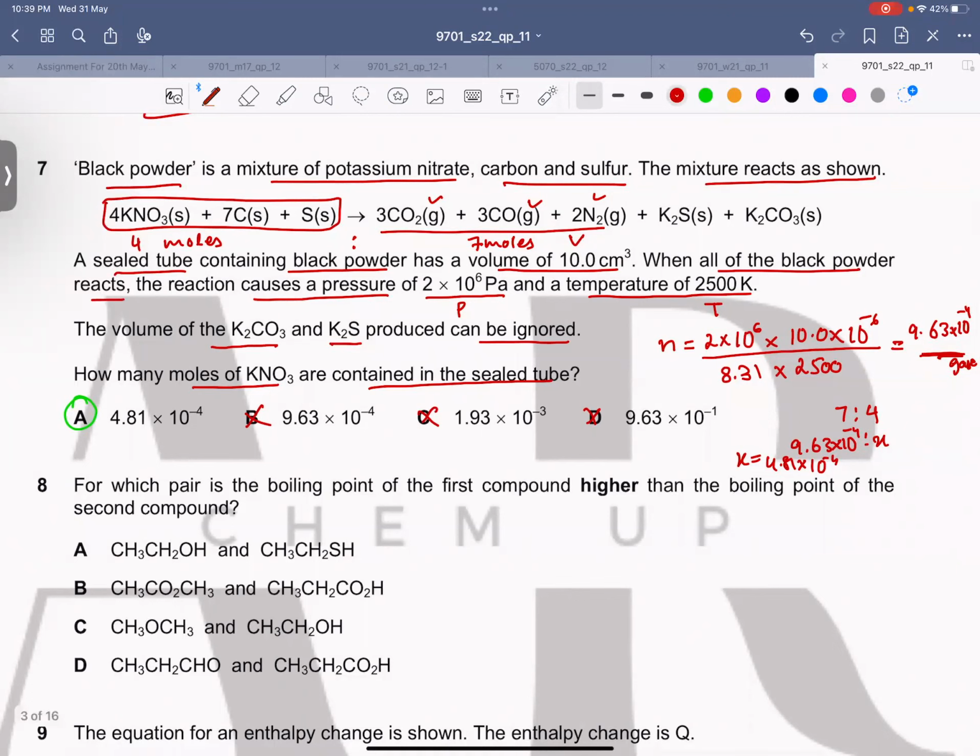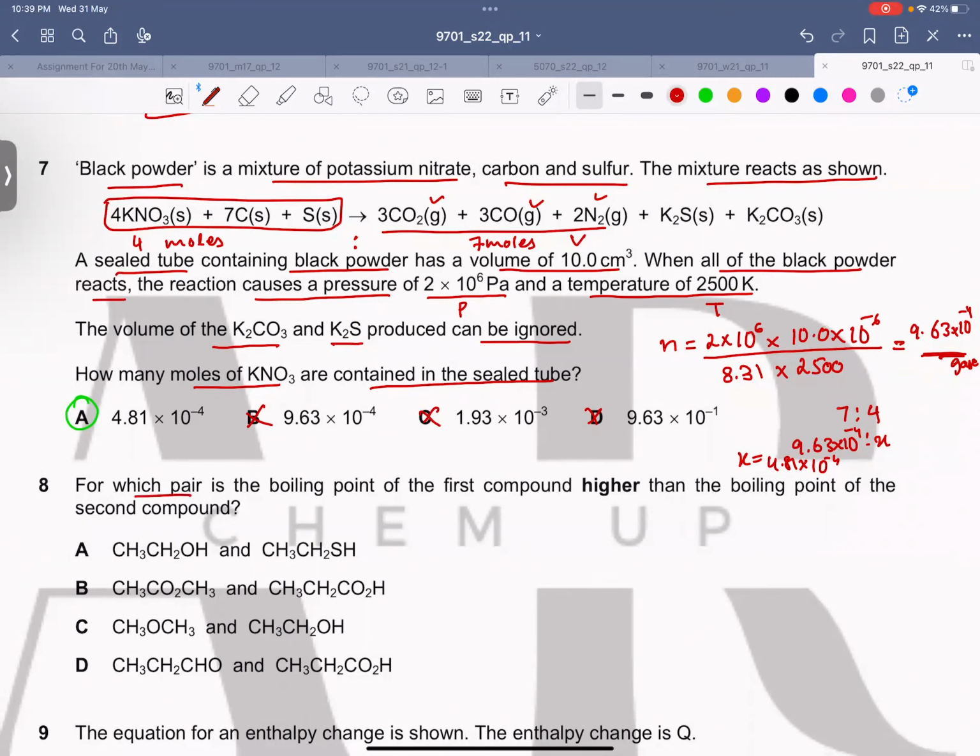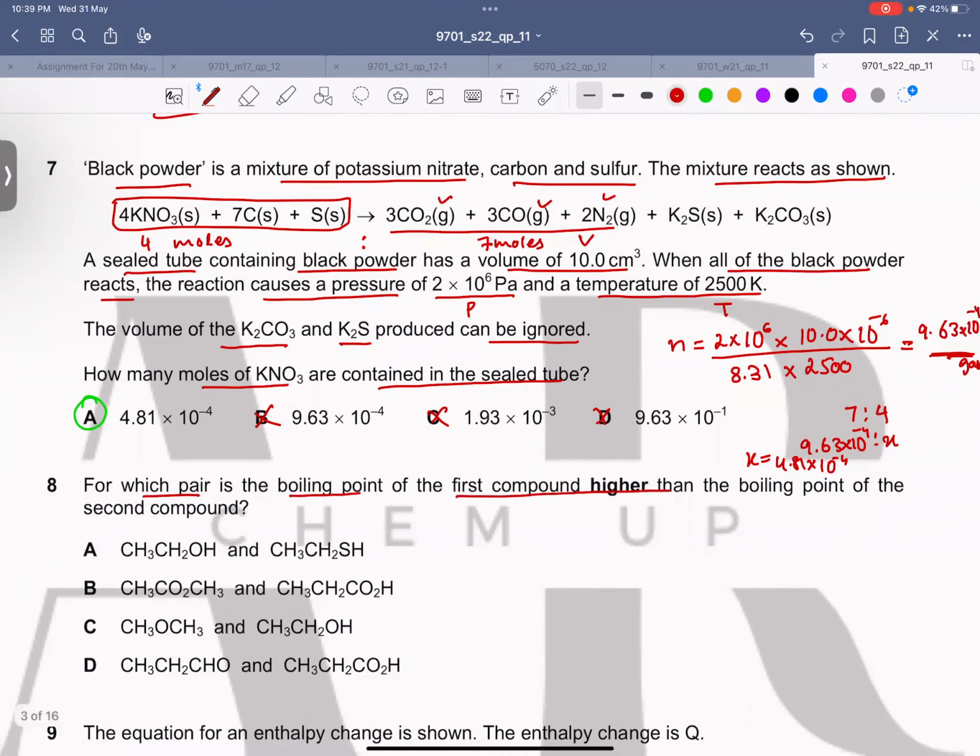Now, question number 8. For which pair is the boiling point of the first compound higher than the boiling point of the second compound? So, here there is hydrogen bonding between the molecules. Here there is a permanent dipole. ED-PD forces.